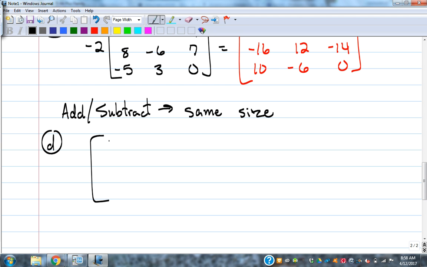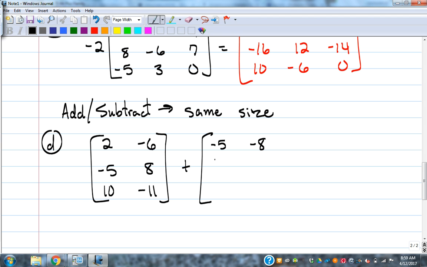So let's do this one. We've got 2, -6, -5, 8, 10, -11. What size is that one? 3 by 2. So if I'm going to add a matrix to it, I have to have another one that's what size? 3 by 2. So I'm going to use -5, -8, 13, 6, -14, 4. This can be done in the calculator.